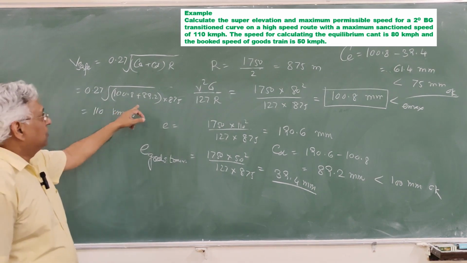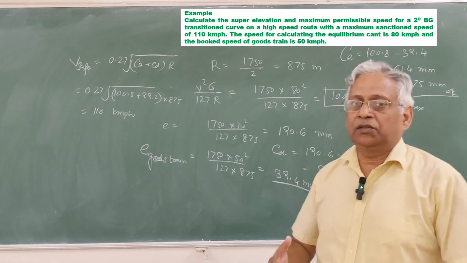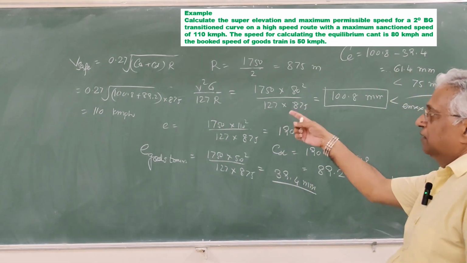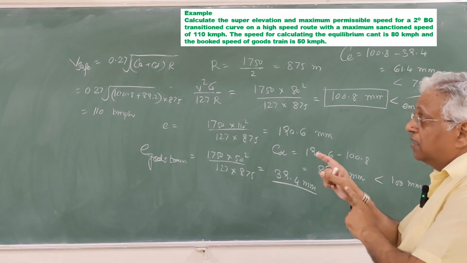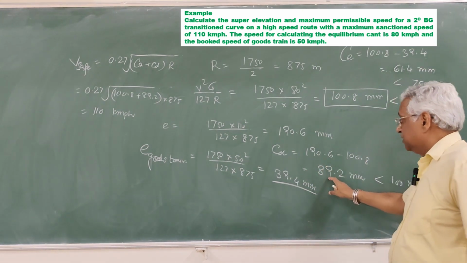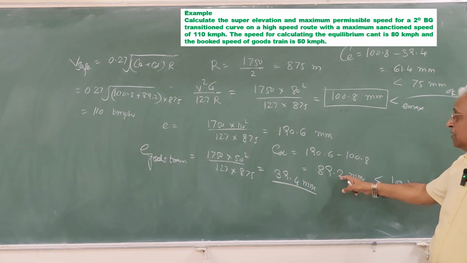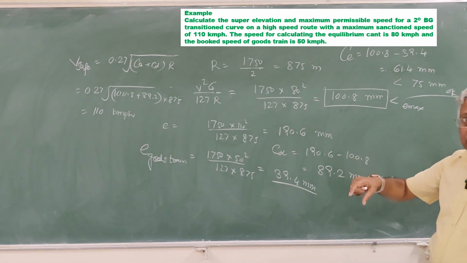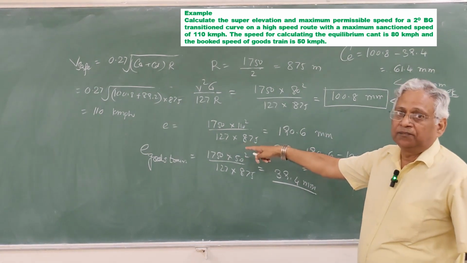Because I told you this equation is derived from this equation only. So if you are putting E is equal to CA plus CD, you should get the same value of E. This can be lower than 110 if this exceeds 100 millimeter. In that case, Cant deficiency will be limited to 100 millimeter. Accordingly, this speed will be adjusted.